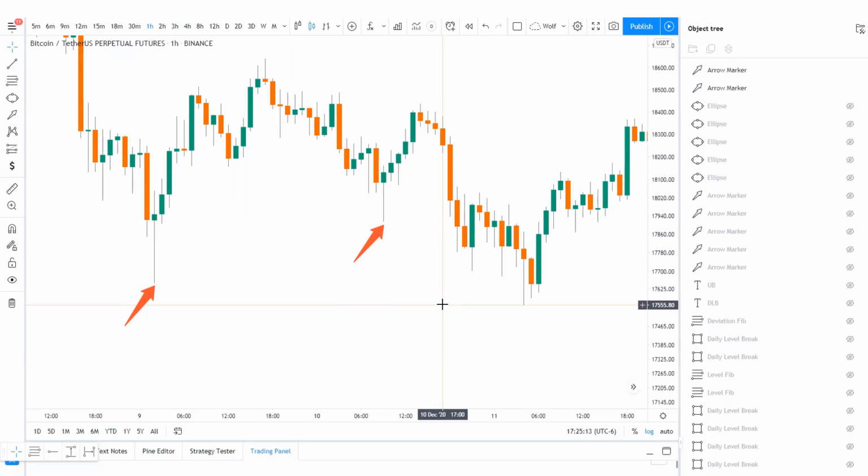Because what that means to me is that the seller, the market maker, whoever really wanted price to go down there, accomplished their objective. If they were able to close that candle red, they likely had enough time to accomplish whatever their objective was for driving price down there in the first place, during, say, accumulation or whatever it may be.